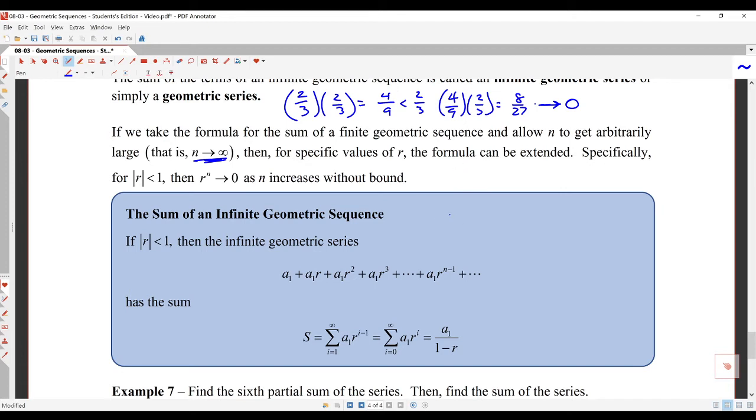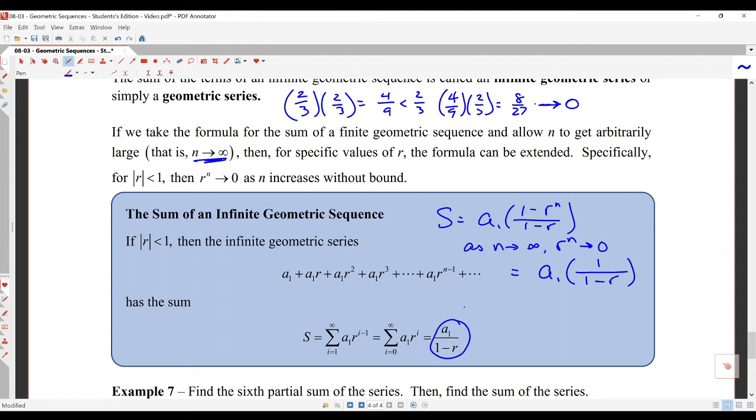So again, if I take that formula, S is a1 times 1 minus r to the n over 1 minus r, as n goes to infinity, r to the n would go to 0, and my formula simplifies to a1 times 1 over 1 minus r, or a1 over 1 minus r. Right?